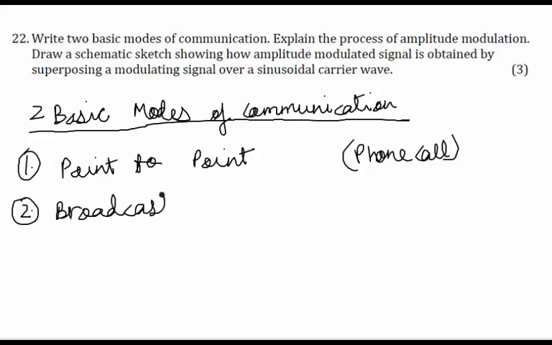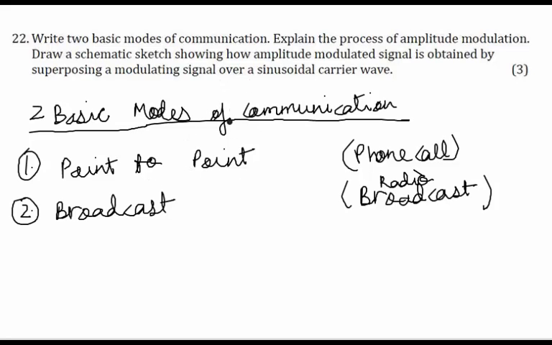For example, one person is speaking, or one song is playing on the radio and the whole city is listening to it, so that is something like a broadcast. Television and all these things are broadcasts. So these are two basic examples, like a radio broadcast or television. So these are the two basic modes of communication.